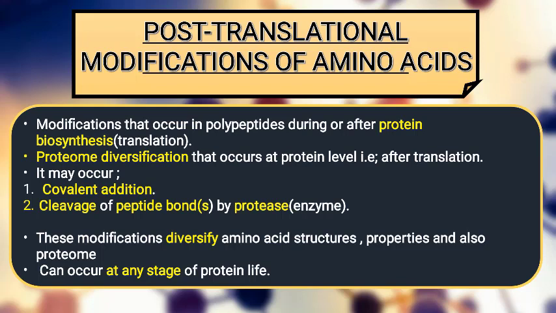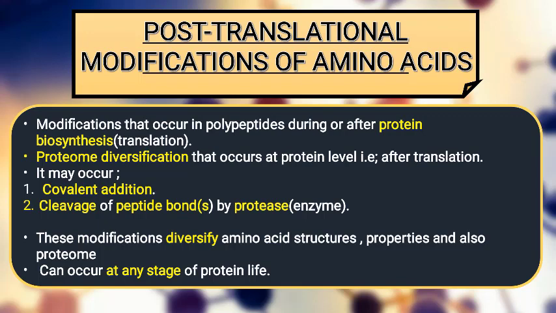So it means that these are the modifications or changes occurring in a protein after it has been synthesized. We can also define it as proteome diversification occurring at protein level, that is after translation. Proteome simply refers to all the proteins synthesized by a genome.